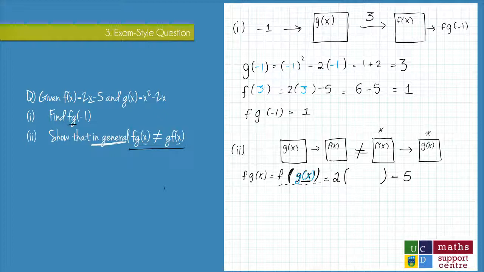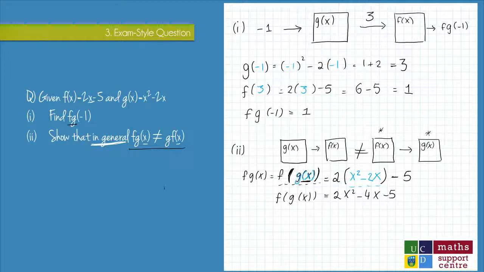So we put g of x into our bracket, and g of x is equal to x squared minus 2x. And this is the expression that we will multiply out and simplify. So f of g of x is equal to 2x squared minus 4x minus 5.